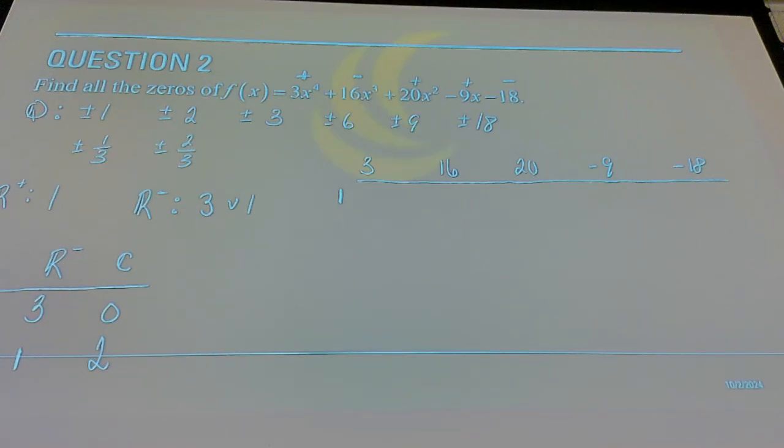So let's start with 1. Three times 1 plus 16 times 1 plus 20 times 1 plus negative 9 times 1 plus negative 18. Is 1 a 0? Nope.